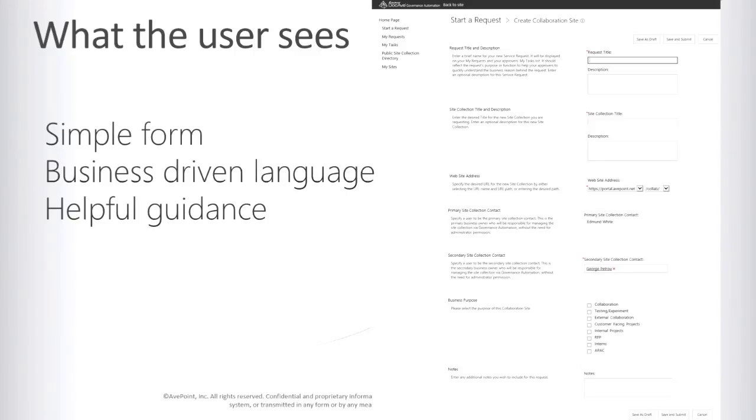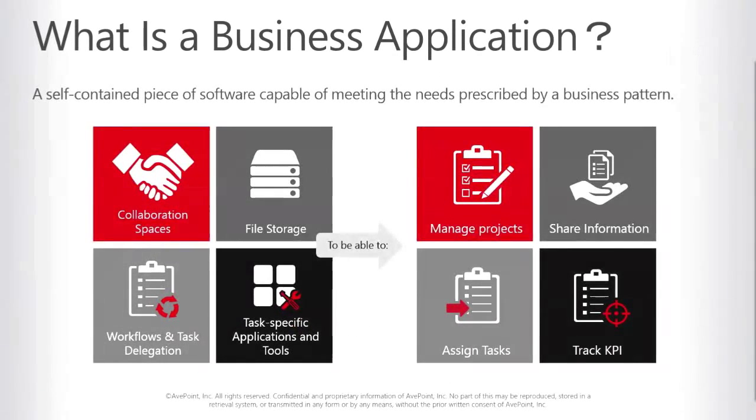So what's even better here is that we can pack in a lot of complexity into here. So we come up with the idea of a business application. So we've gone beyond just provisioning site collections. These site collections have very specific things that they need to do. They need to manage projects. They need to track KPIs, right? We need to share information internally and externally.